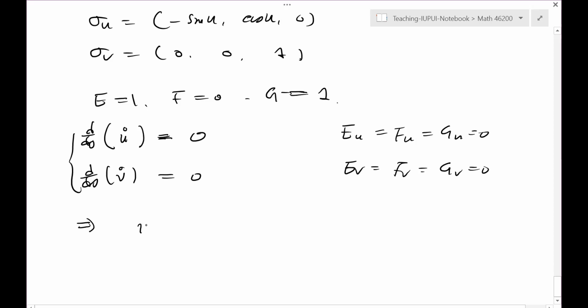That implies U dot is going to be constant, and V dot is going to be constant.